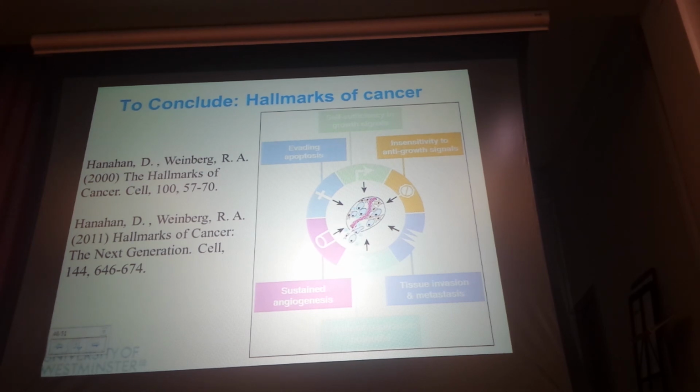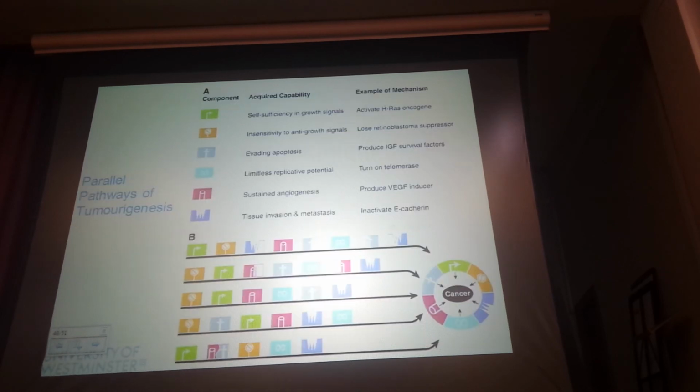So all of the genes, I'll give you examples like P53, RB, MYC, RB1, are all involved in these biological processes. So it's really important that you put the genetic changes in the context of biological processes.